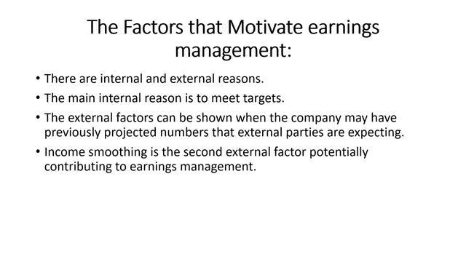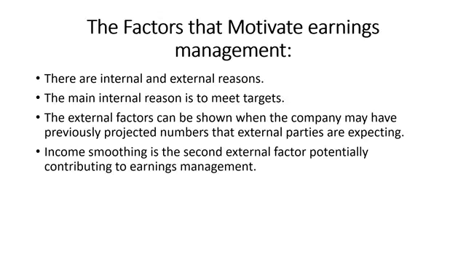What about the external ones? The external factors can be shown when the company may have previously projected numbers that external parties are expecting. This means that we have external parties. These external parties expected something and need to see these expectations in order to keep investing in this corporation.